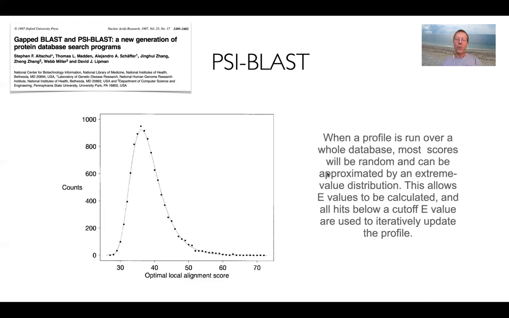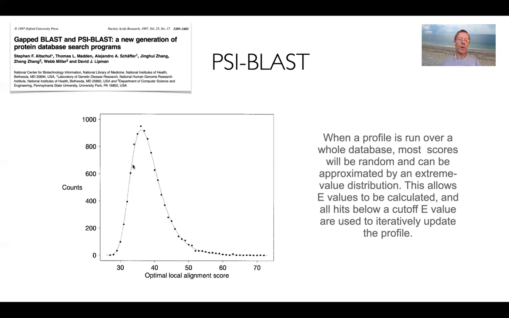But what the method actually does, SciBlast does, is when you have at a given iteration your profile, you run it against the whole database, you collect all the scores from all the sequences. And of course, the great majority of the sequences will be unrelated to your protein domain family. And so they will give random scores.